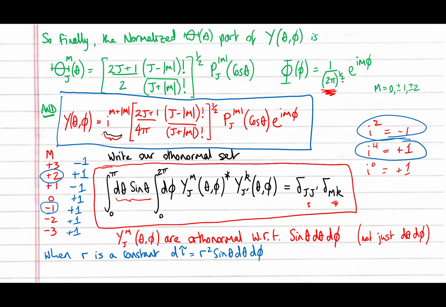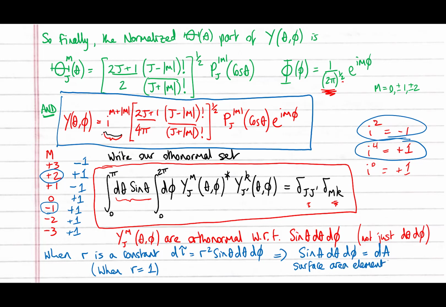In fact, when r equals 1, we get sine theta d theta d phi, and we're going to say that's equal to dA, and that is our surface area element.